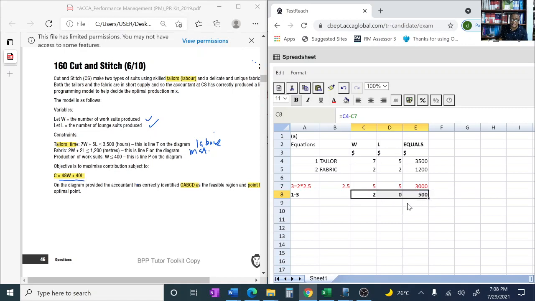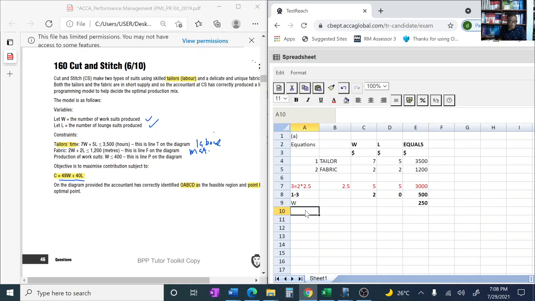So you notice that the L is now gone. So I now have 2W equal to 500. So then my W will simply be 500 divided by 2. So that is 500 divided by this 2, and I have this. So then I need to produce 250 units of the work series here.